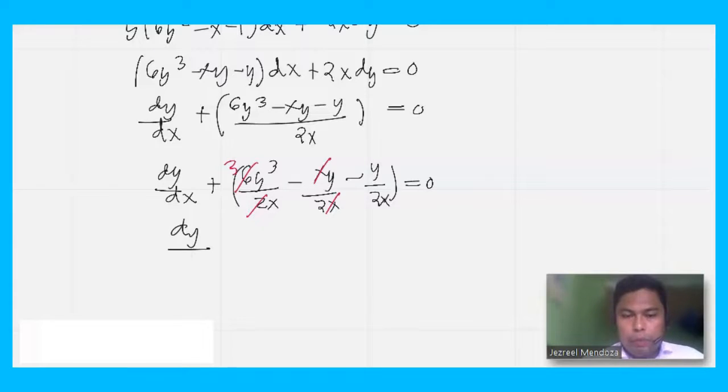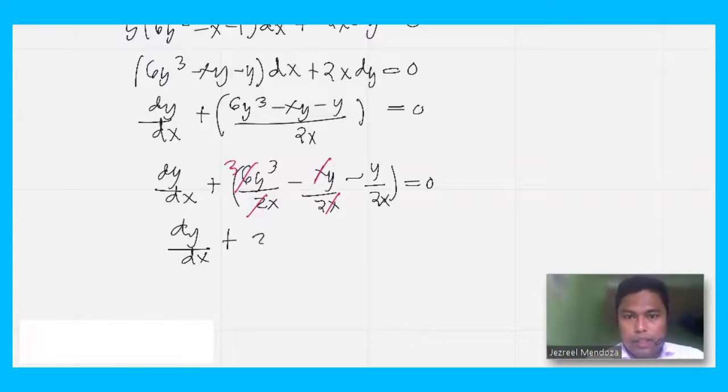From that we can have this equation: dy over dx plus, then let's isolate P of x in terms of y. Let's just simplify this one.